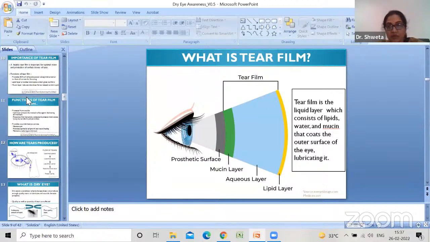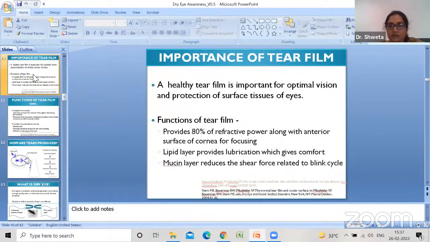Without the proper functioning of the tears, we will not have a proper functioning of the cornea. And without the proper functioning of the cornea, we will not have a clear or distinct image of any object found on the eye. So this is the importance of the tear film.